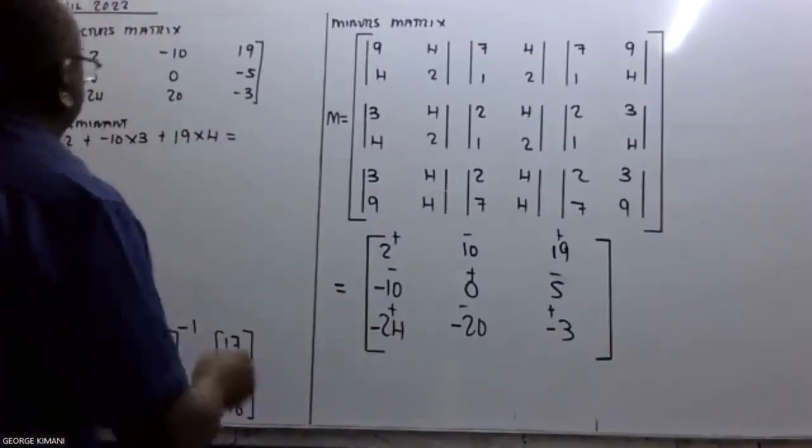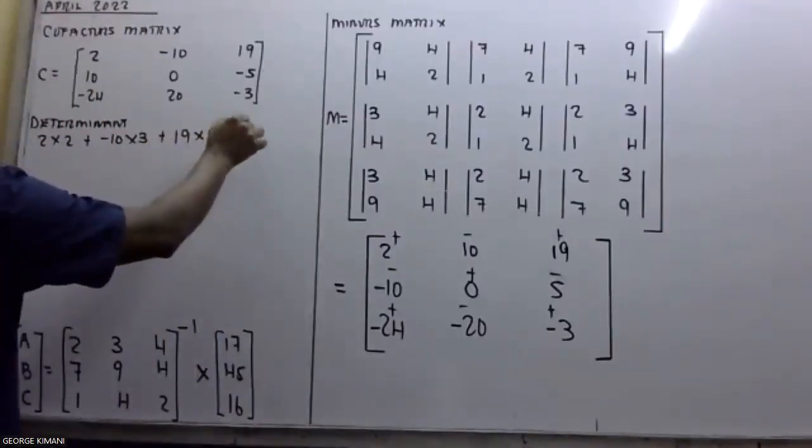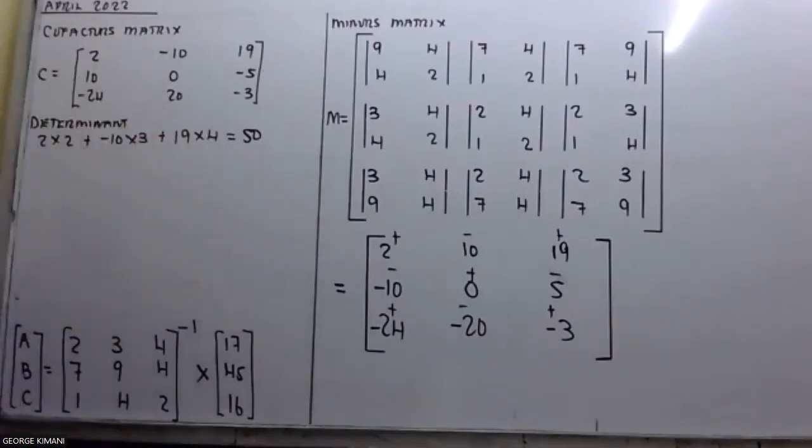Okay, I can see 50. So from there now we have everything required to get the inverse. So we shall now proceed and say ABC is equal to 1 over the determinant, 50.